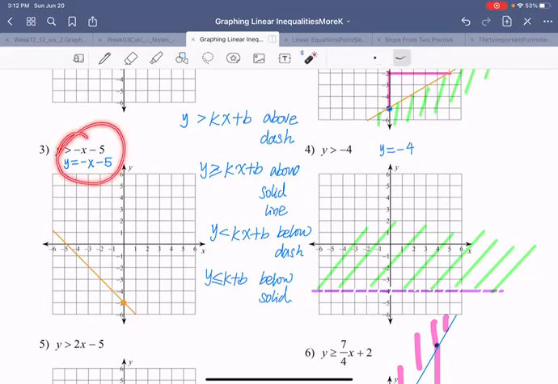What do you do next? You put the shading on the right side. Okay. Do you want to keep it solid line or change it to dash line? Dash line. Thank you.